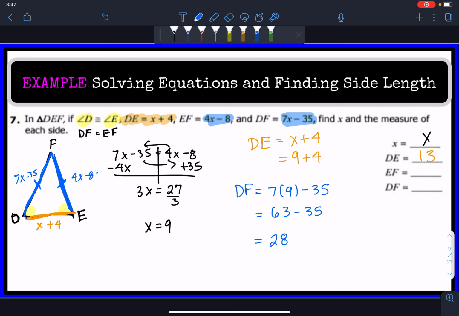So D to F is equal to 28, which means that E to F is also equal to 28, because those two sides are congruent. I'm not going to do more work, because these two are equal to the same number. And if you don't believe me, plug in a 9 right there. 9 times 4 is 36, and 36 minus 8 is equal to 28.